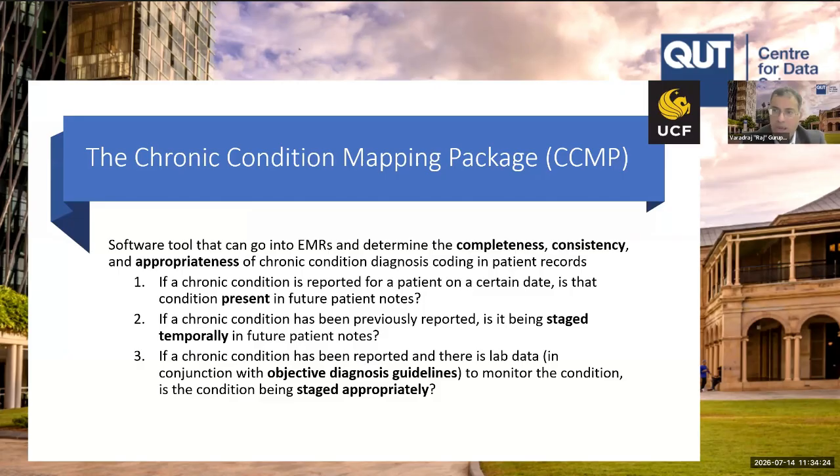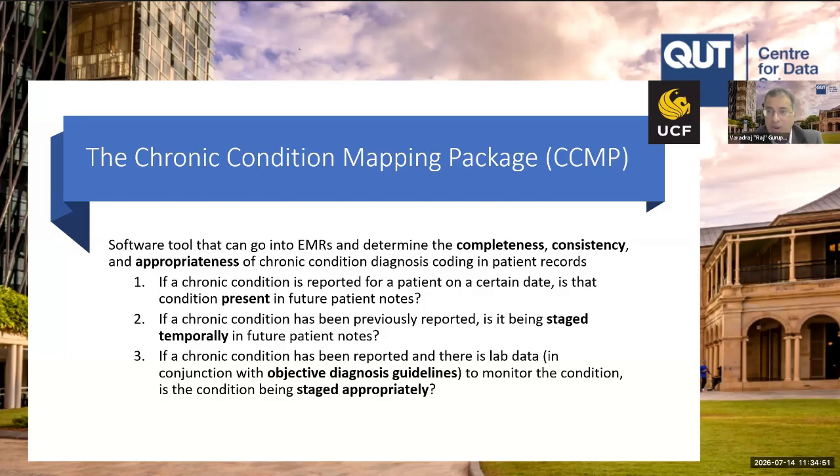The student who worked with me in 2015 ended up becoming a doctor, and he called me up one day and said, Dr. Gurupur, now I'm seeing patients, I see a bigger problem, that's chronic condition mapping. We need to have a proper chronic condition mapping and see if the patients were not recorded for their existing chronic condition during subsequent visits.